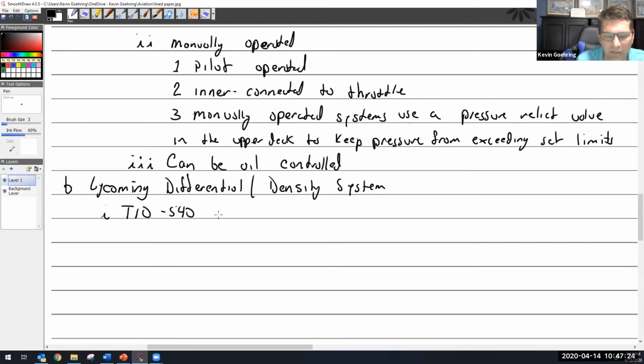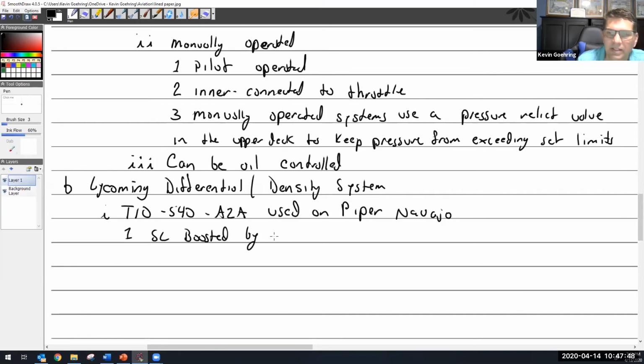It's a TIO 540 Alpha to Alpha, used on the Piper Navajo. It is sea level boosted. Boosted by 10 inches.